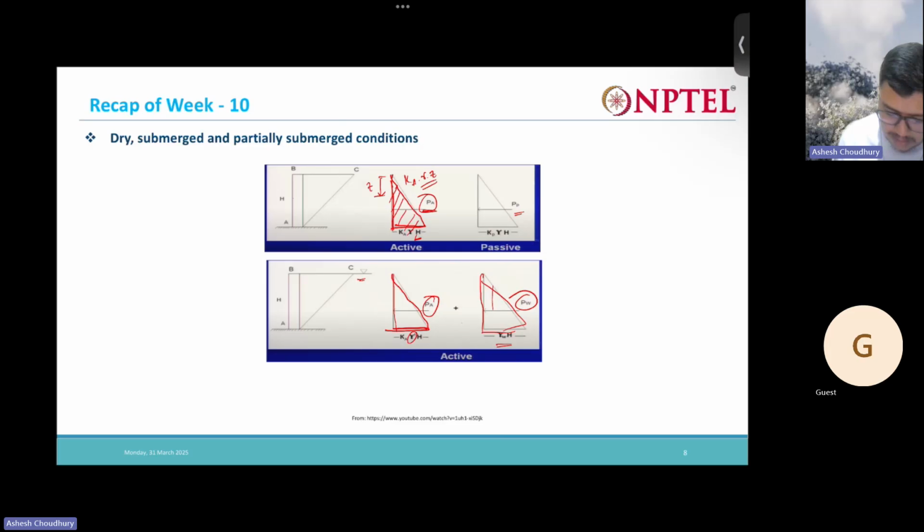So P is equal to area times gamma into Z. So PA is the area, half into K gamma Z into the height.